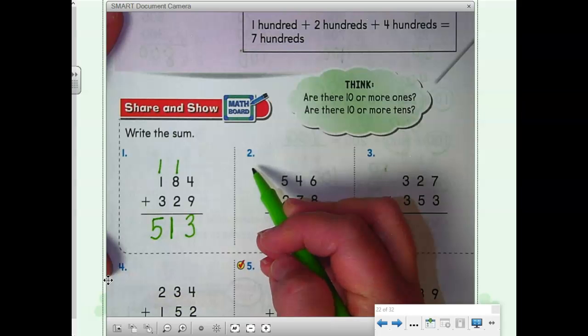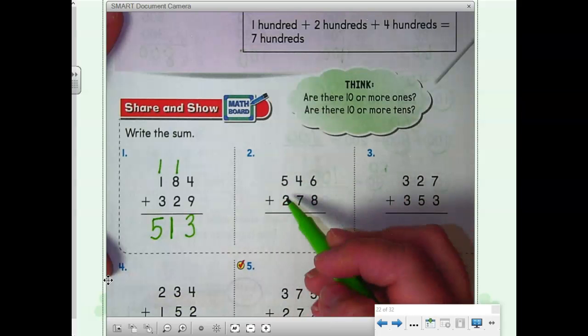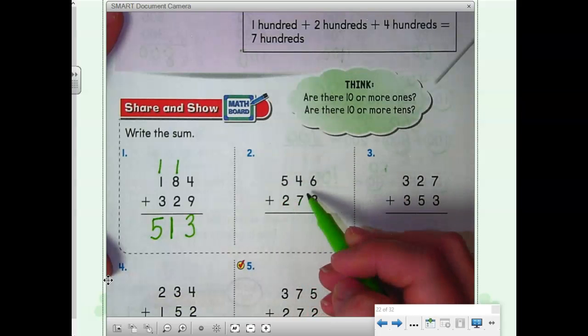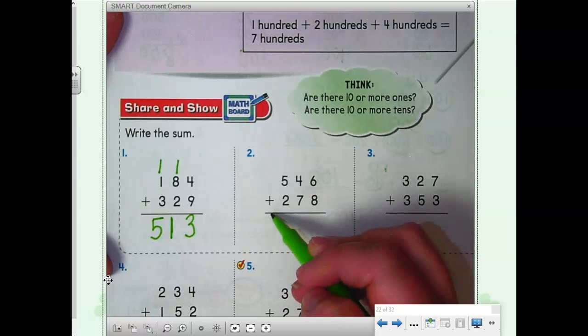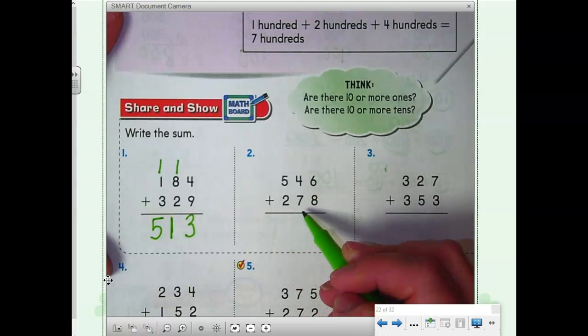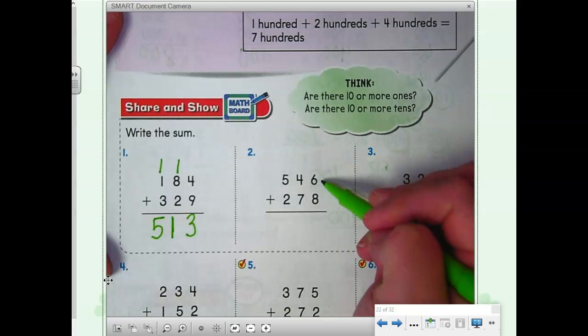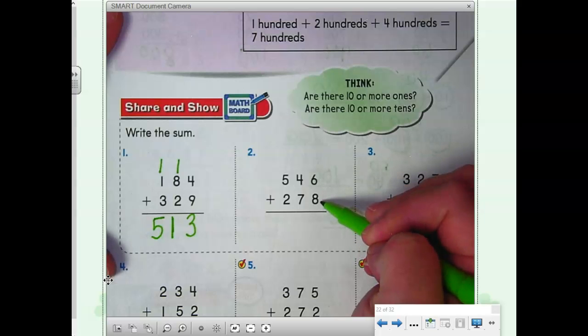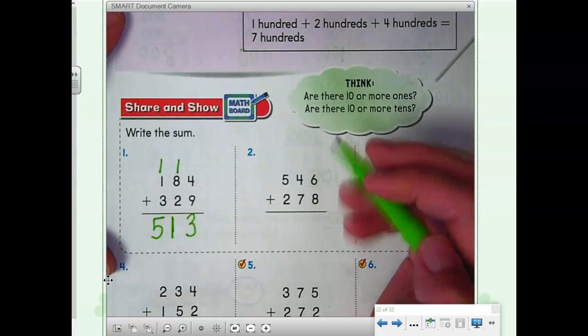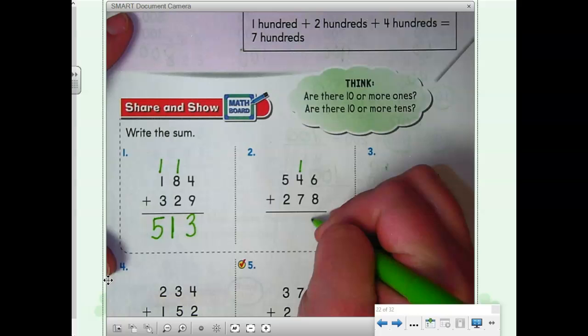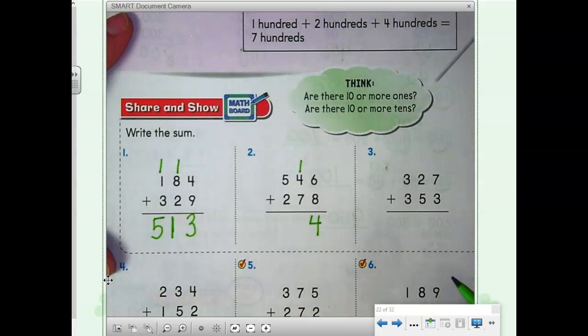Number 2. 546 plus 278. Start in your ones. 6 plus 8 equals 14. That's 1 ten, 4 ones.